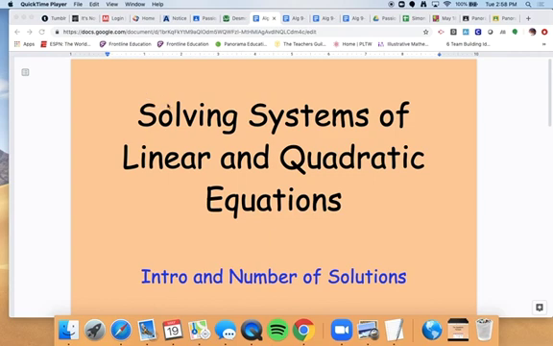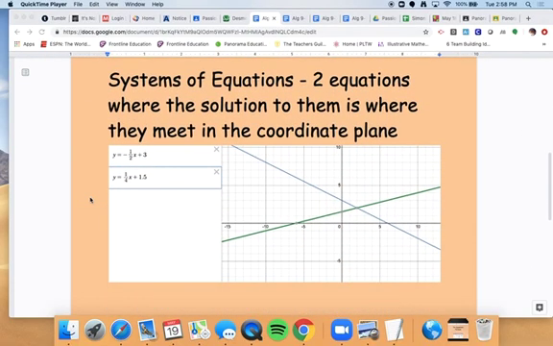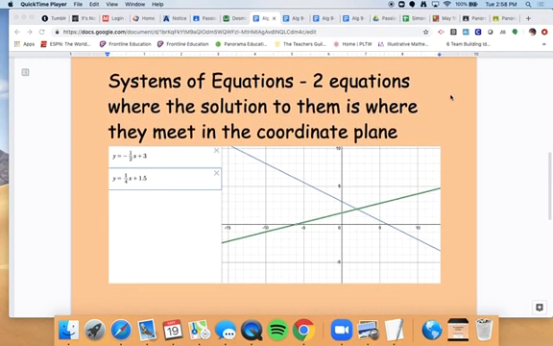So, what I want to do is try and relate this back to something you do understand and something that you've done, which is solving systems of linear equations, all right? If you remember, a system of equations is two equations where the solution is when you're able to graph them and they meet in the coordinate plane, or you're able to figure it out algebraically.